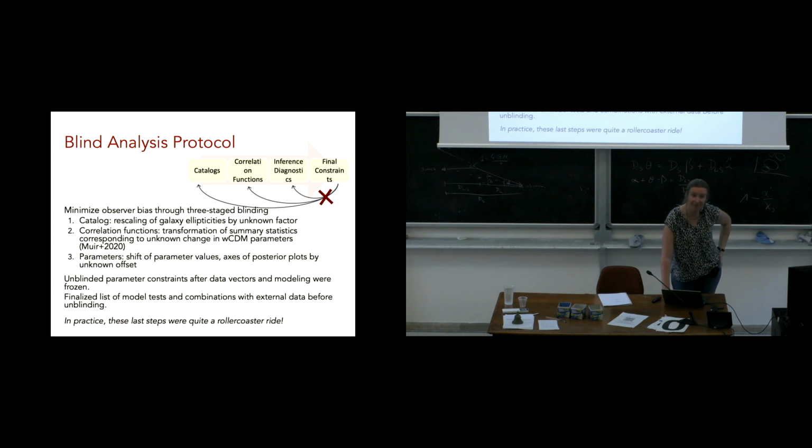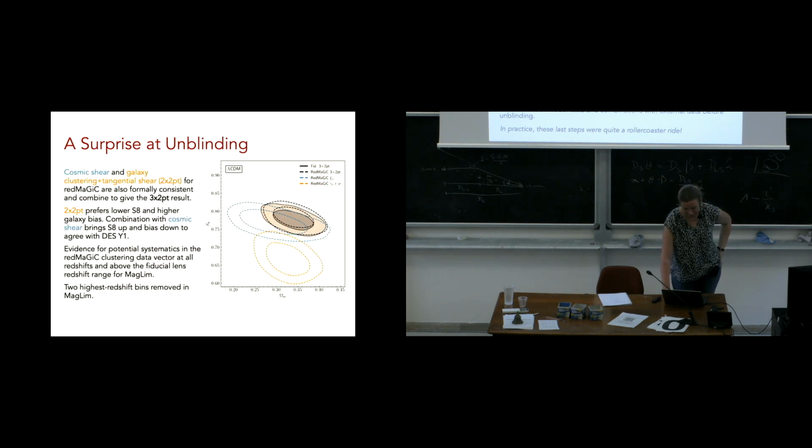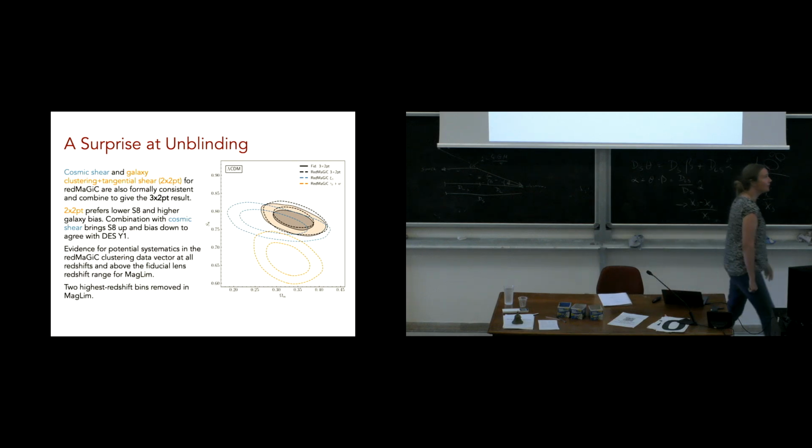Because at the first unblinding telecon, we had quite a surprise. The dashed lines here are the first lens sample that we looked at, the red sequence sample, RedMagic, where we have cosmic shear, which is independent of the lens sample, of course, and here the combination of galaxy clustering and galaxy-galaxy lensing.